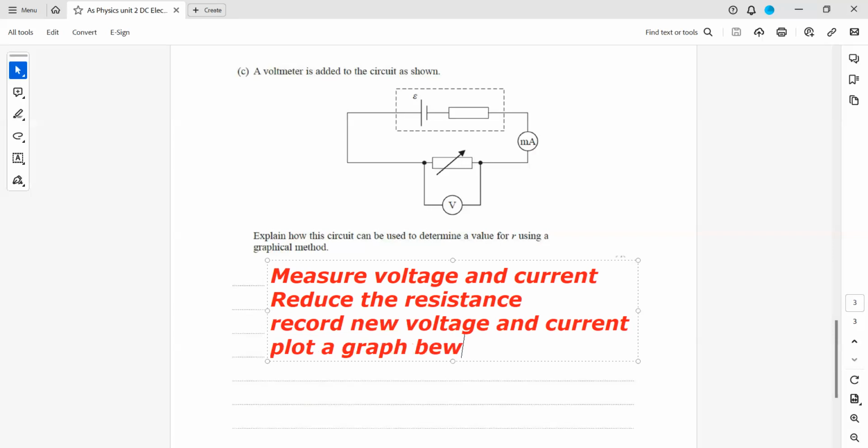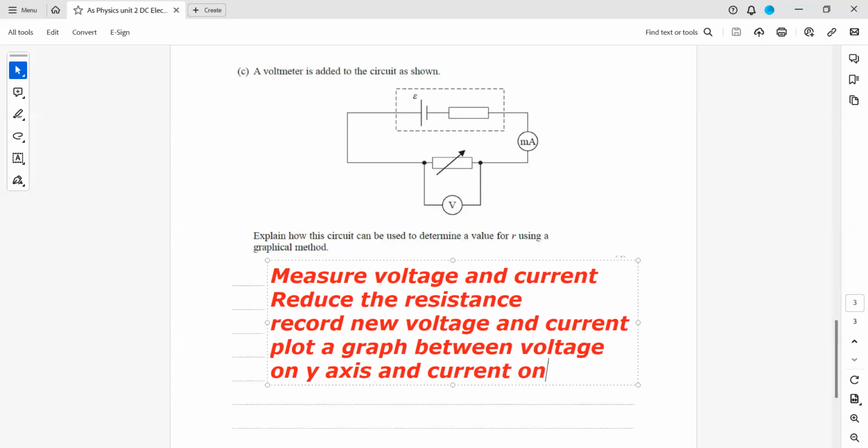The graph is between the voltage on the y-axis and the current on the x-axis. And then we'll find the gradient.